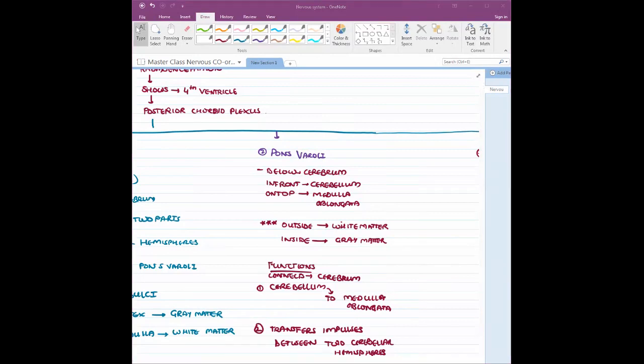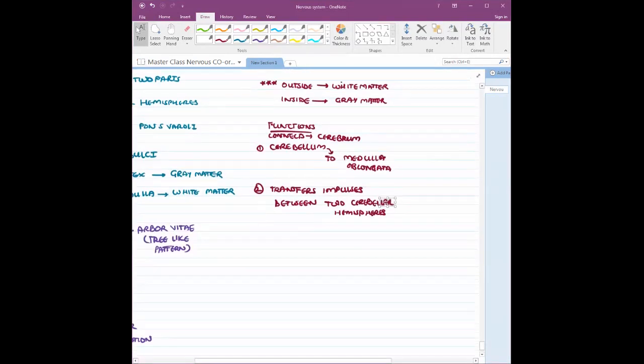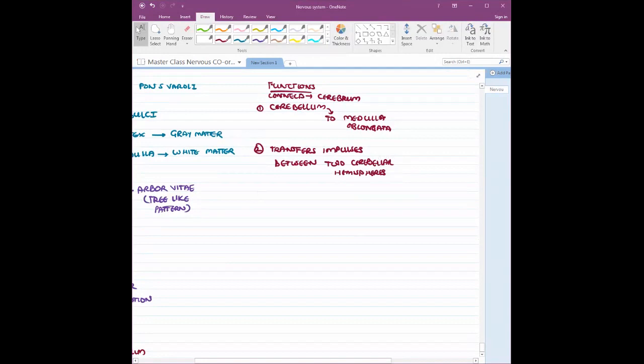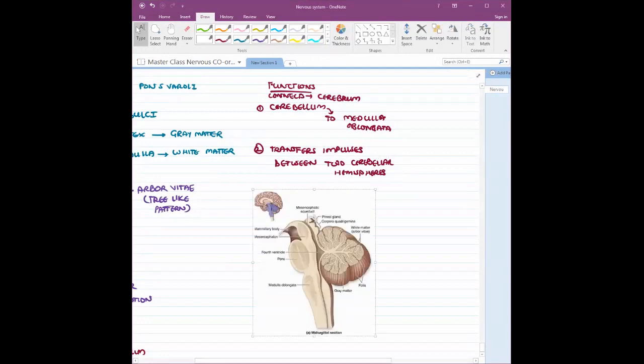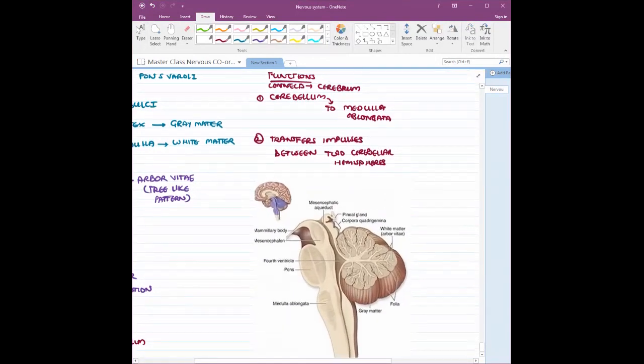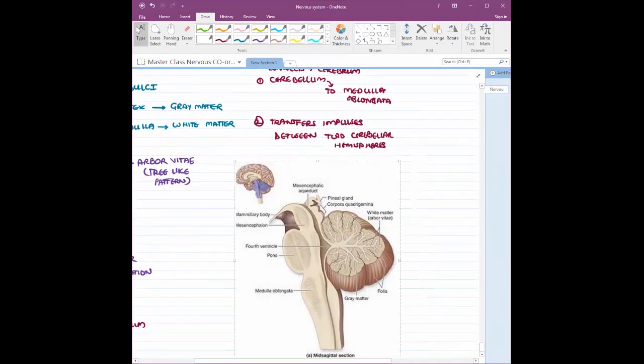Okay, so one more moment, let me show you. I have one picture which I can show you here. So guys, see here, is your entire cerebellum. See, I told you it is going to show you this tree-like pattern. This tree-like pattern is your Arborvitae, guys.